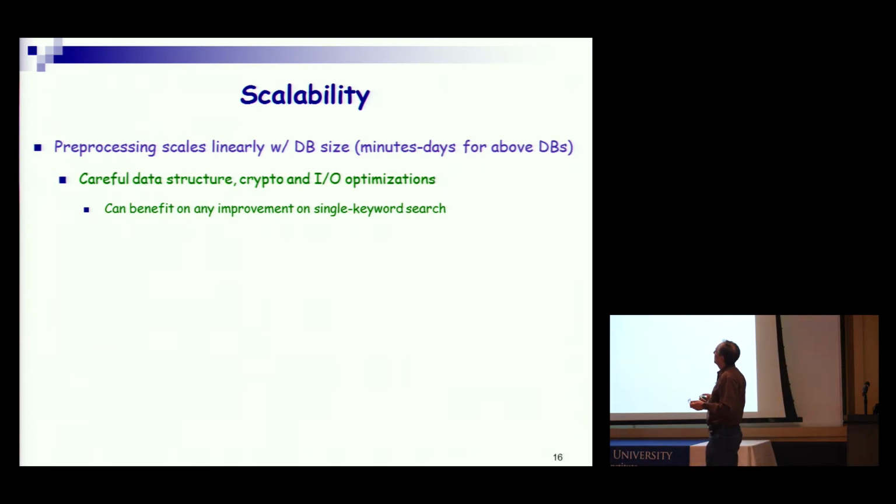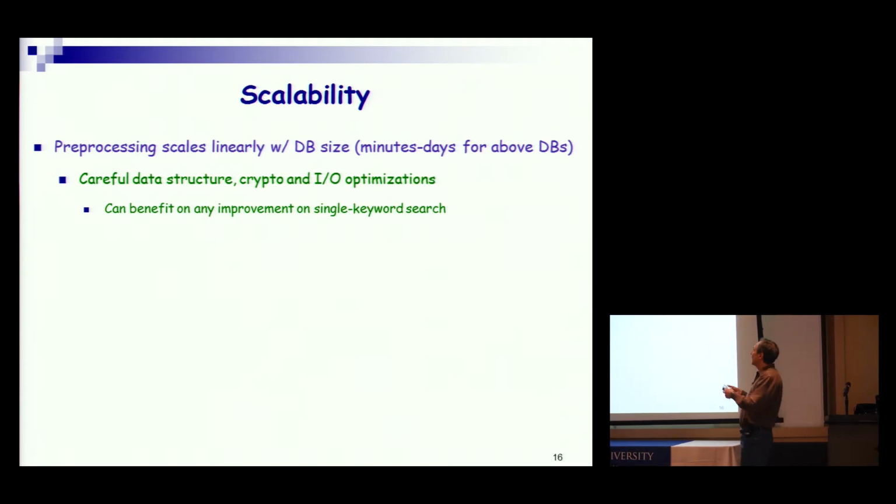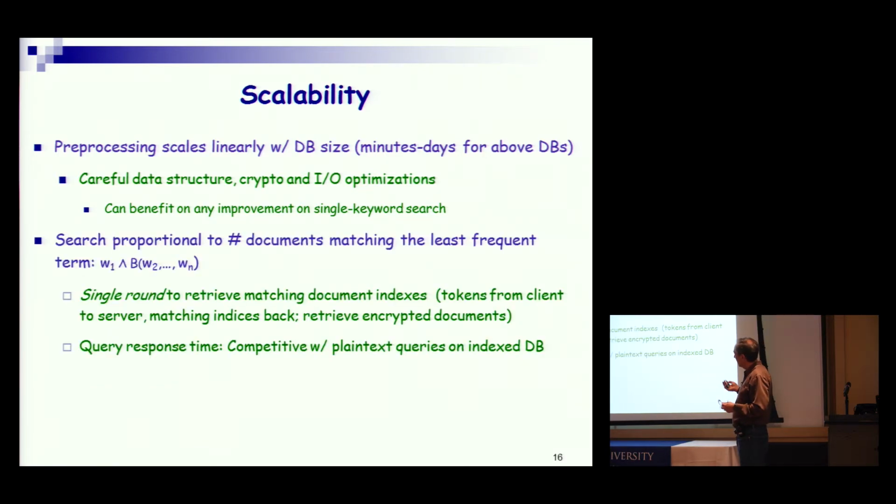And it goes up to the implementation by really choosing carefully the data structures and the crypto and also I/O optimization, input-output optimization. And one nice thing is that if you have an improved algorithm for single keyword search, we can actually use that to improve the whole performance of this system.